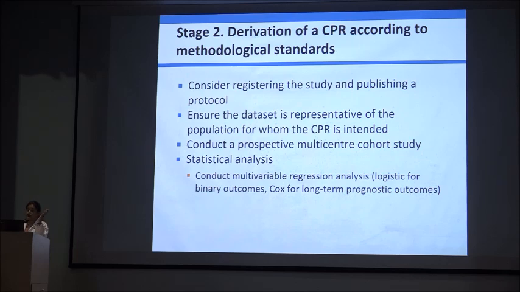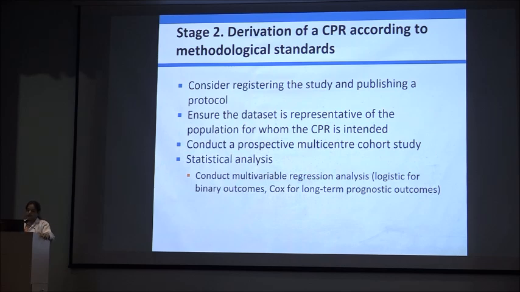So ideally, you would want to use data from a prospective cohort study which is specifically designed to develop and validate a given clinical prediction model. And of course, the lowest evidence would arise from a retrospective database, which also has the challenge of a lot of missing data. So conduct a prospective multi-center cohort study to ensure representativeness of the population.